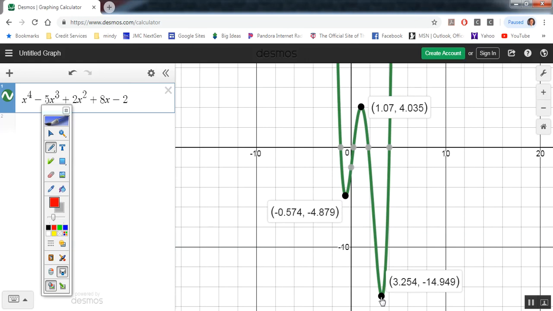Degree 4 would mean at most how many turning points then? 3. And how many turning points did we identify here? Okay. So what I want you guys to do on your own, give this a shot, and we'll finish here today with this. Write down, first of all, where your local minimums and local maximums are, what x values, and then tell me what intervals the graph is either increasing for or decreasing for.